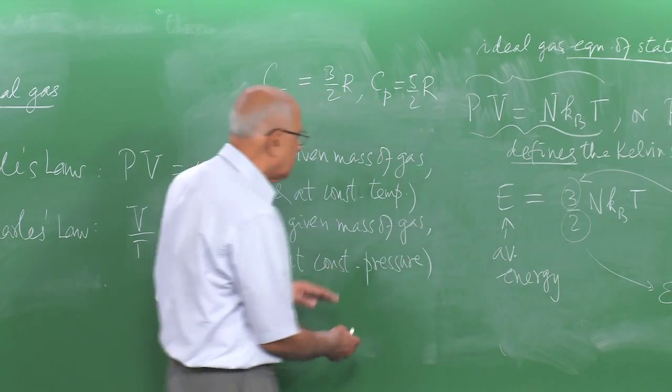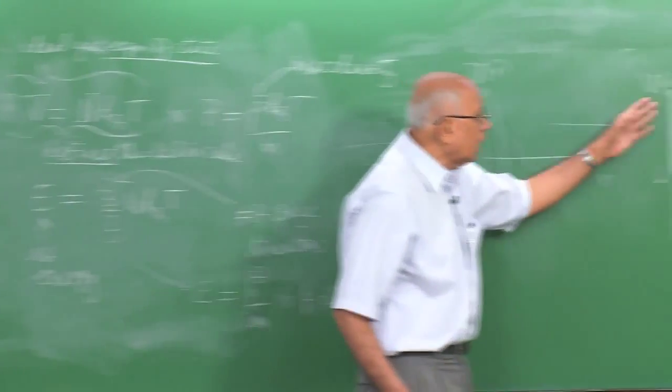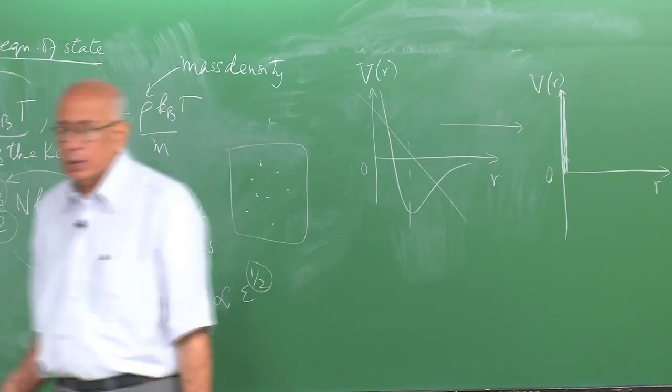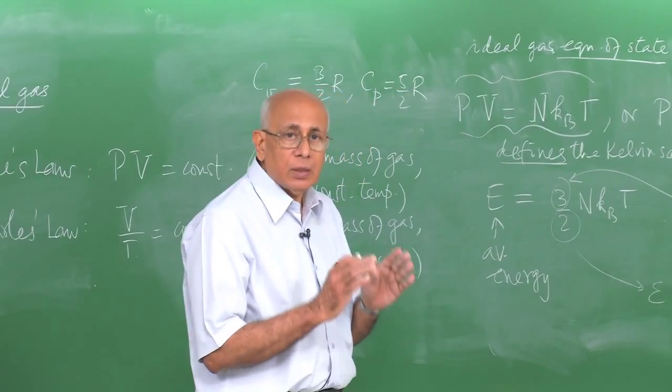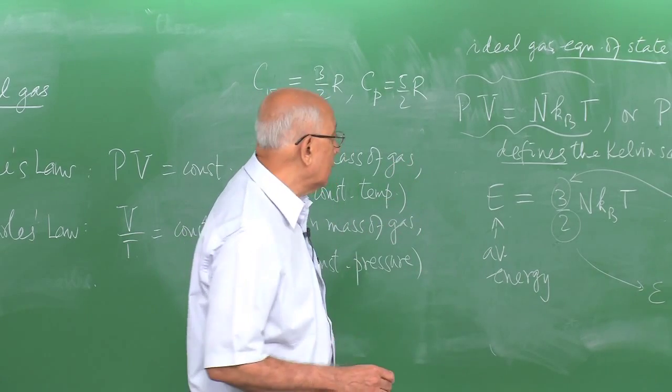What we need are these assumptions that these are point particles, that the interaction between particles is of this kind, and that there are only binary collisions here, completely elastic binary collisions. That suffices to actually deduce what the equation of state of this system is here.